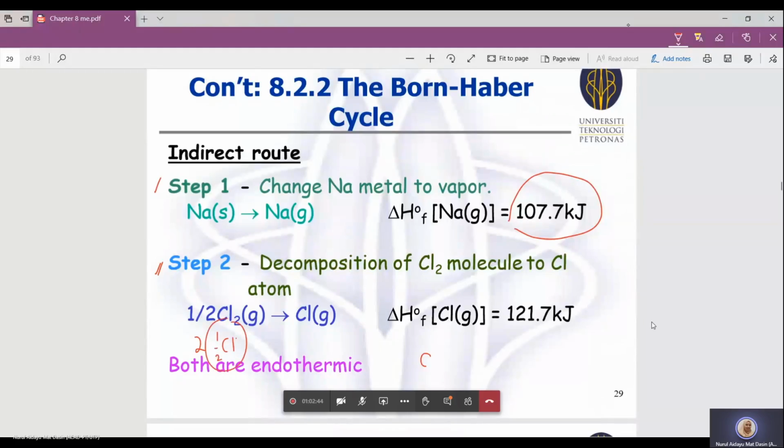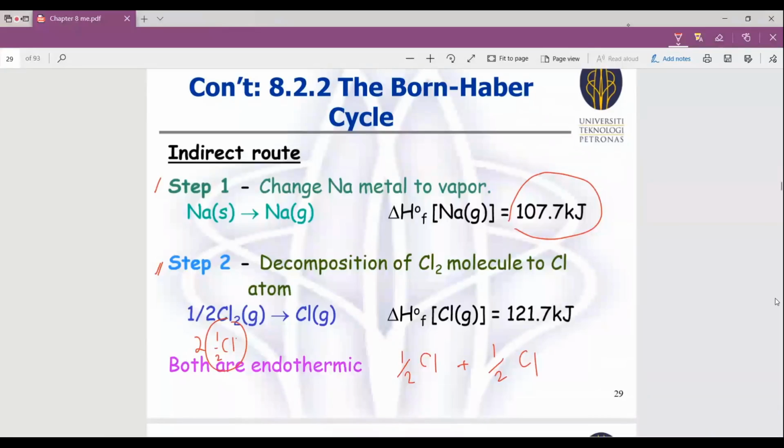Half Cl and another half Cl combine to get 1 Cl, isn't it? So dissociation of half Cl2, we get Cl gas. The value is given. This is the value of decomposition of Cl gas.